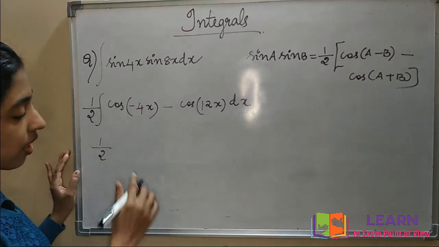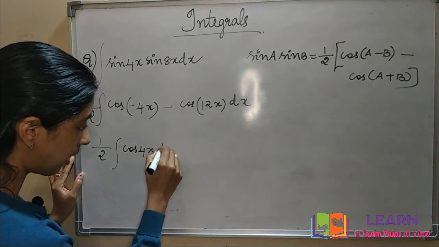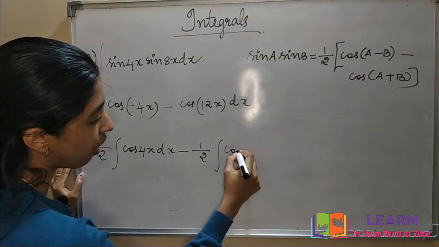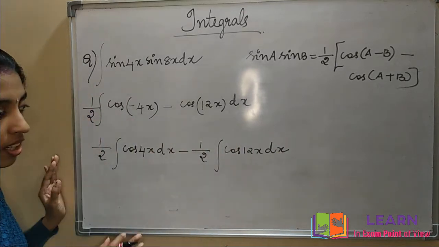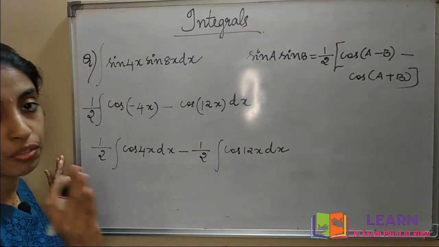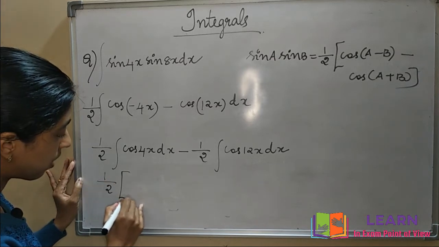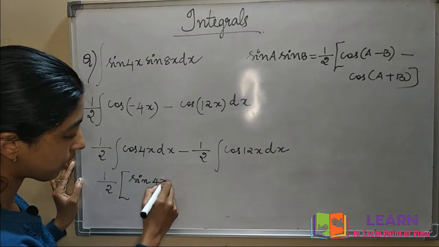Split it and integrate. So first integral cos 4x dx. Half is common for both terms. Integral of cos 12x dx. Now we can integrate because we know the integral of cos x is sin x. So half as such you can put. Integral of cos 4x is sin 4x by 4.